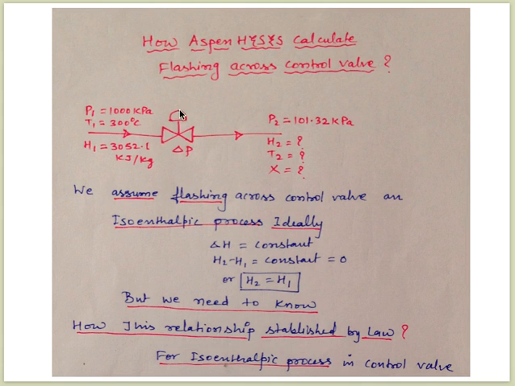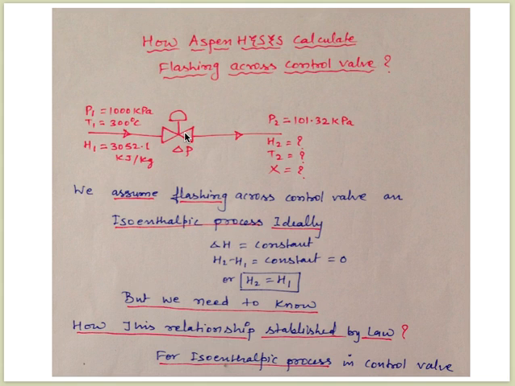what is happening inside. There is a nozzle here, or you can say an orifice, across which the fluid is passing. This throttling valve is normally a globe valve, so there will be some losses.